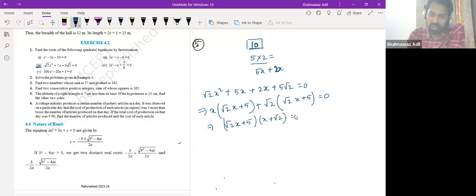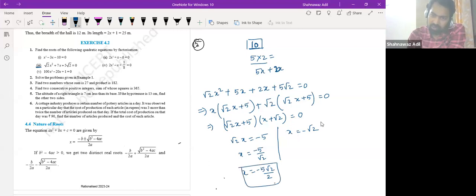So then this is 0, so you have root 2x equals minus 5 and x equals minus root 2. So x is minus 5 by root 2, which is minus 5 root 2 by 2. These are the two values, right?